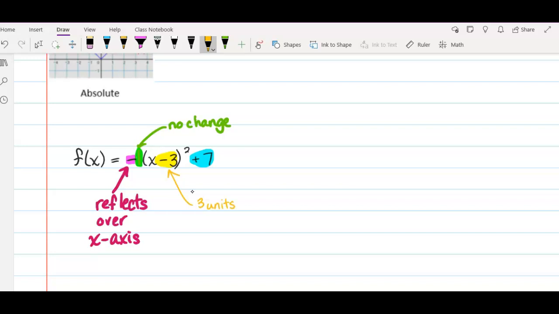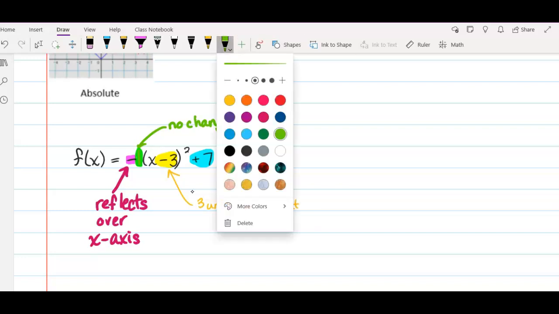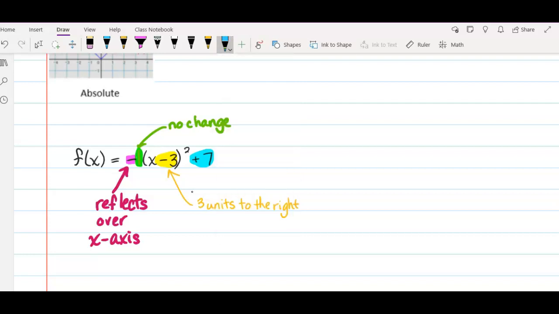Remember, -3 makes you think left, but it's actually to the right. And then finally, this last piece is telling us that we shift 7 units up because it's positive.